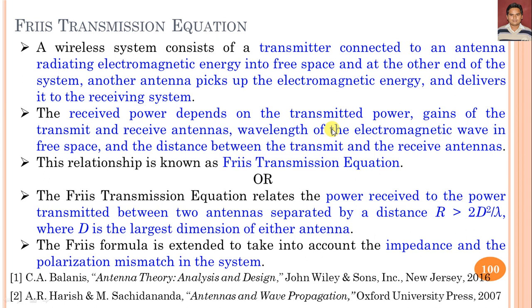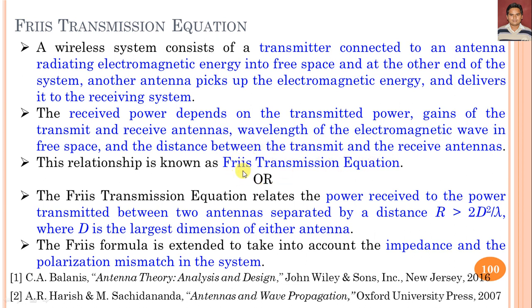We can also say that the received power depends on the directivity instead of gain, irrespective of the efficiencies of the antennas that we have discussed, and polarization matching is also discussed in this lecture. This analysis is called the Friis transmission equation.